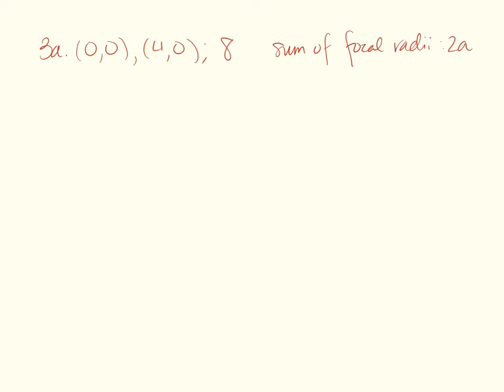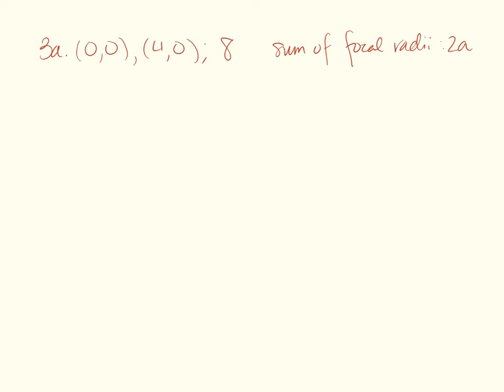The sum of the focal radii always equals 2a. Always. If you put 2b, you did something wrong.